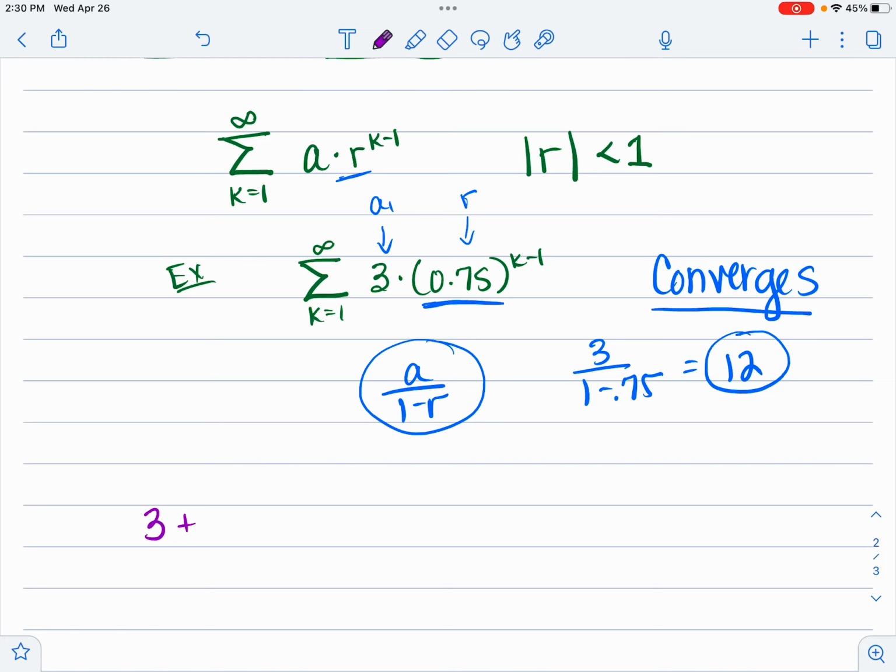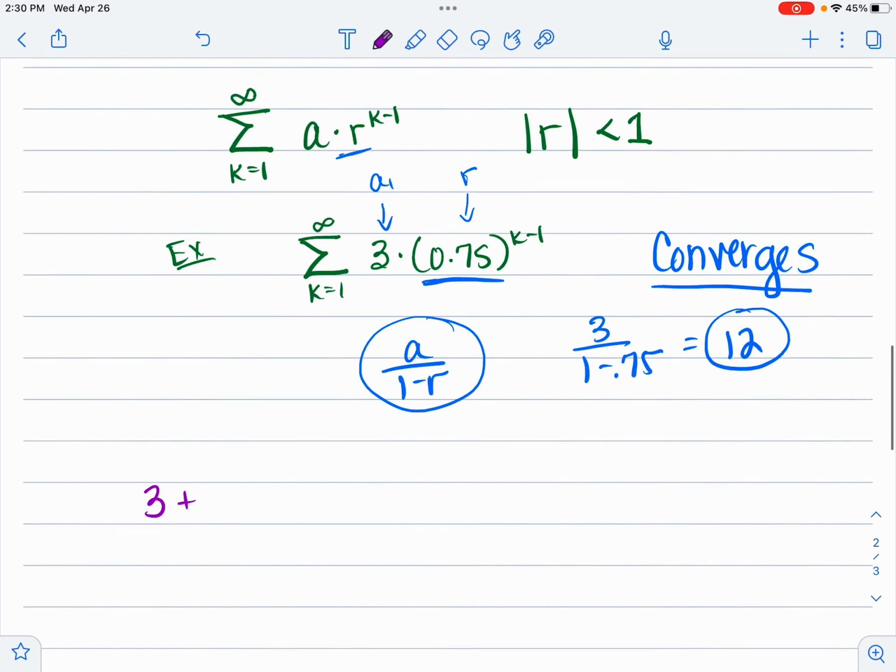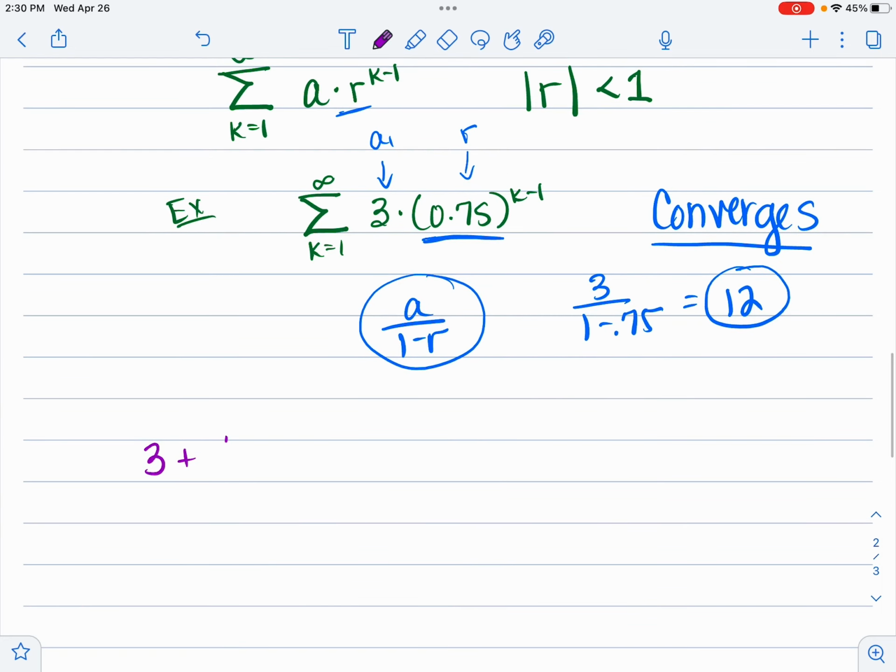I'm going to have to do it in fractions, guys, sorry, my brain doesn't work that way. 9/4, and then the next one will be 27/16, and it's going to keep getting smaller and smaller and smaller. That's what's happening here. So if I added all those up to infinity, the answer is 12. It's 12.